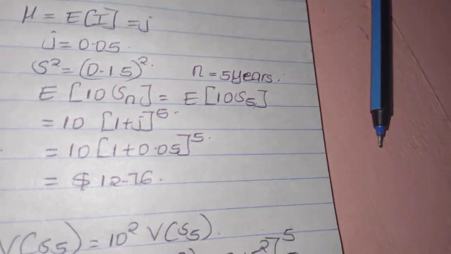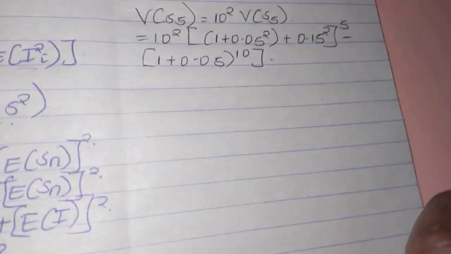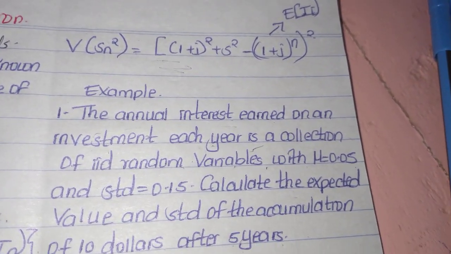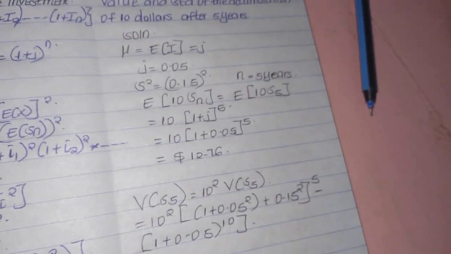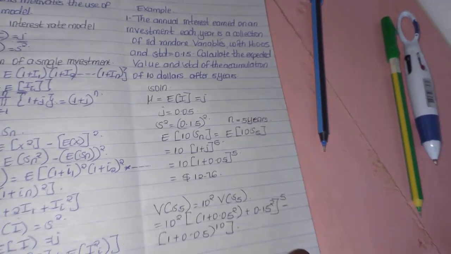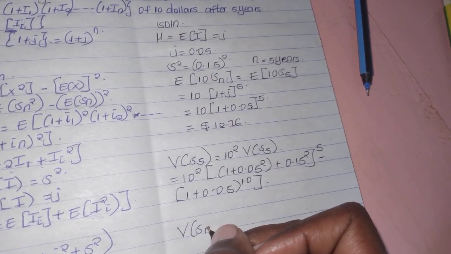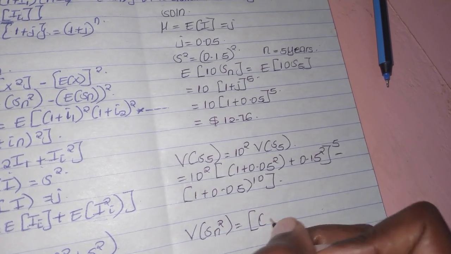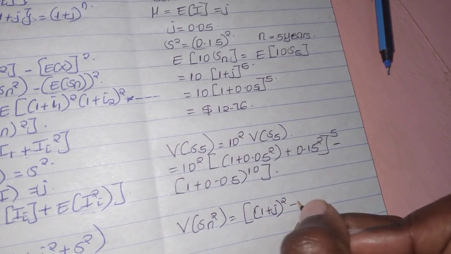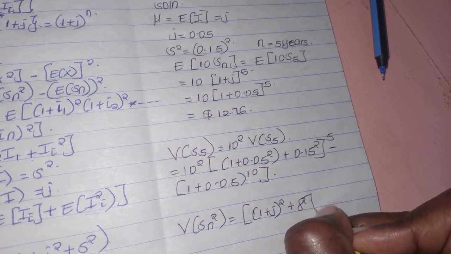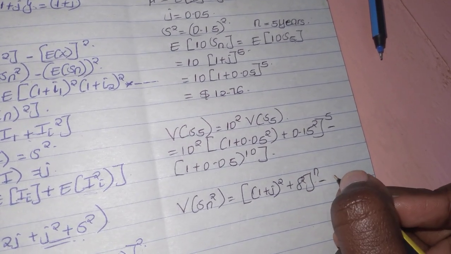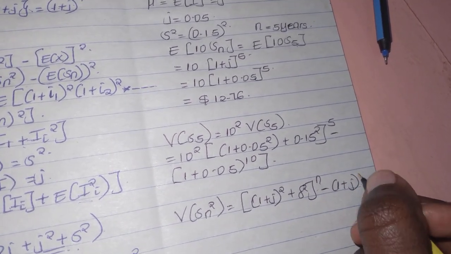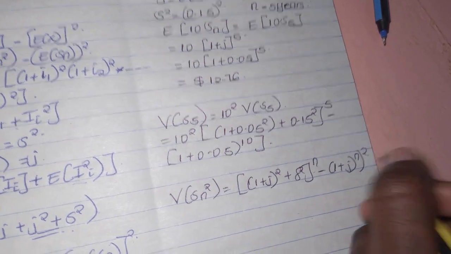Okay, so we had a formula that was saying this: the variance of Sn is equal to 1 plus j squared plus s squared, all to the power n, minus 1 plus j to the power n, then all this squared.